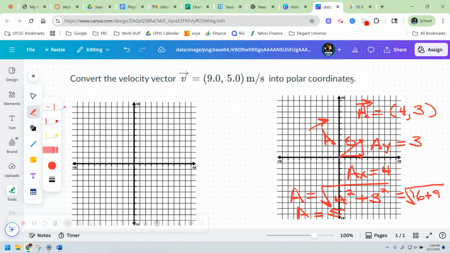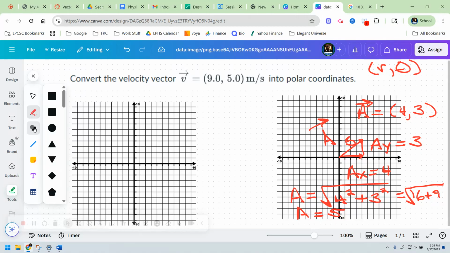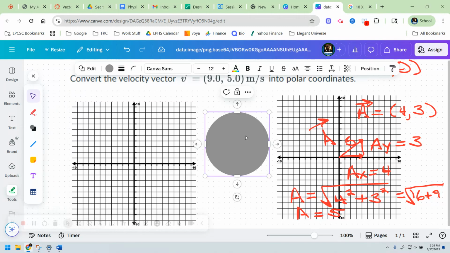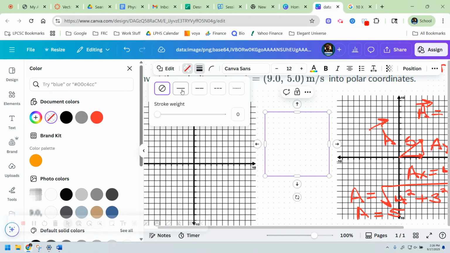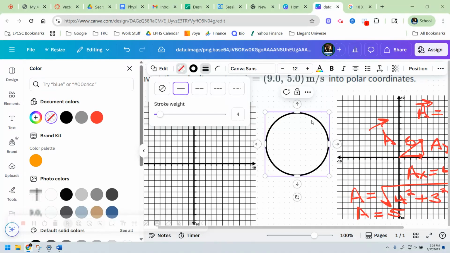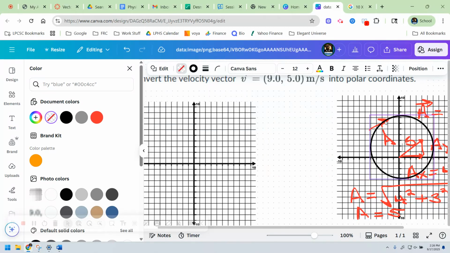But for polar coordinates, so this is vector components. For polar coordinates, what I want to do is think in terms of the radius, comma, the angle. So what I can do is think of this point, this is like the radius of this circle.